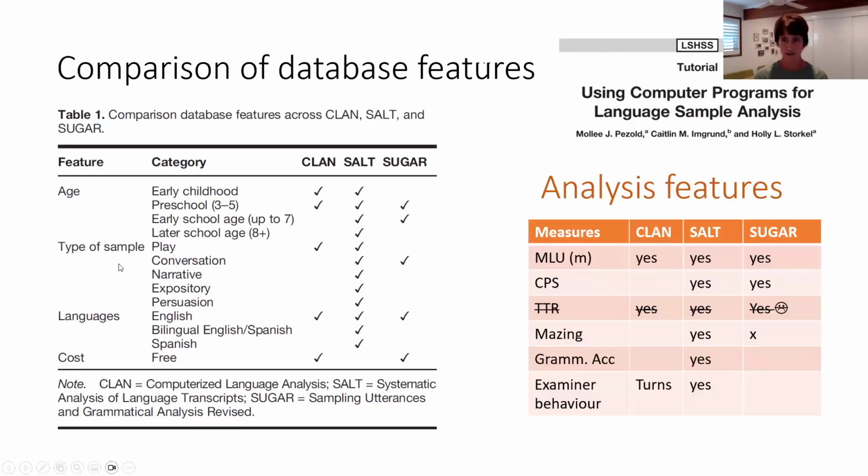And you can see the analysis features, the types of measures that you can get from CLAN, SALT, and SUGAR. You can have a bit of a comparison, and that might help you decide which one you want to use. Now, of course, there is a cost to SALT, which is a once-off cost, but you can download a free trial version.